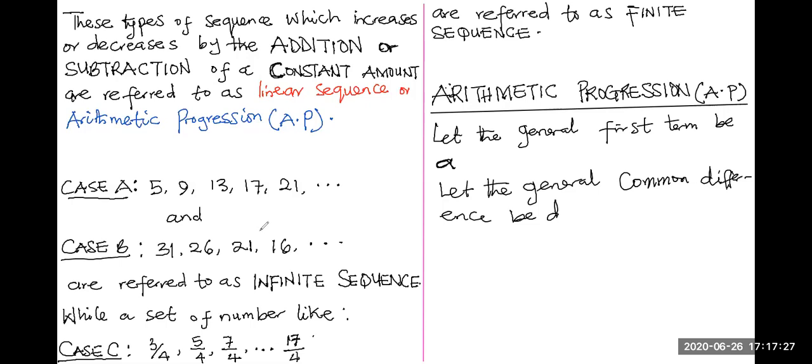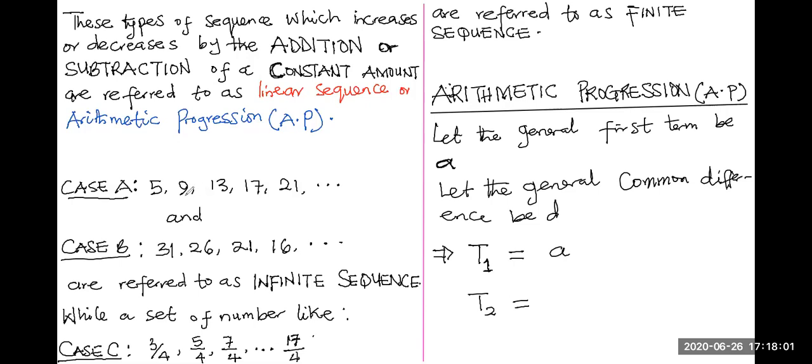All right, but since both of them fall under arithmetic progression, and any other set of numbers that also fall under arithmetic progression, we'll now say let the general first term be A and the general common difference be D. That implies that our first term, T1, is equal to A. And our second term, T2, when we add the common difference to the first one, just as if we add 4 to 5, we have 9.